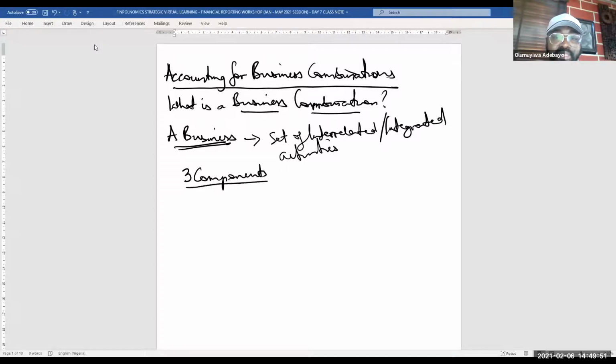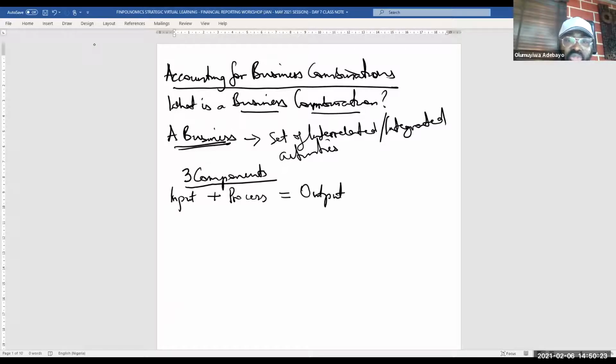Who can list the three components of a business? It is the input, the process, and the output. The input and the process should give rise to what? An output.